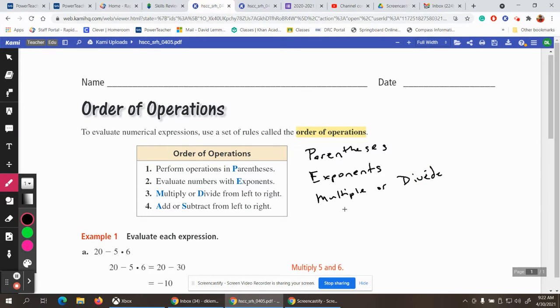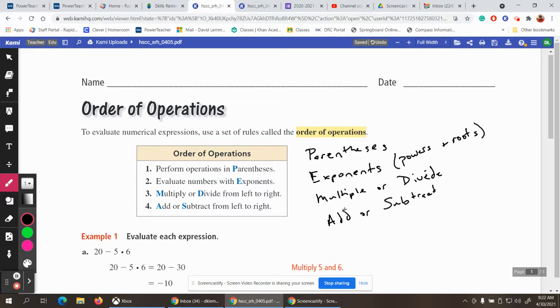Then add or subtract. Another thing with exponents is that you got to remember that you have powers and roots with exponents.